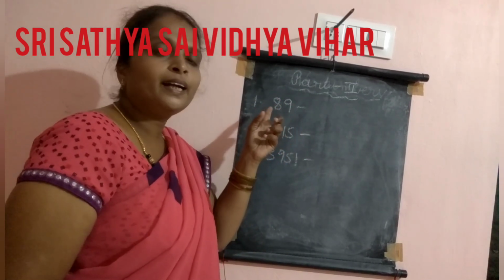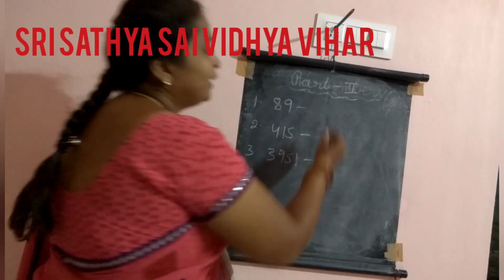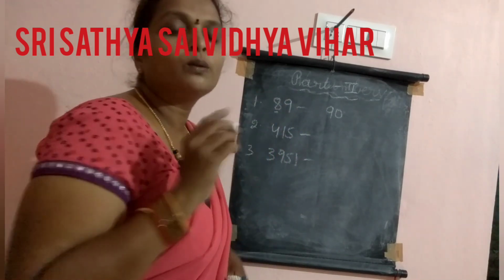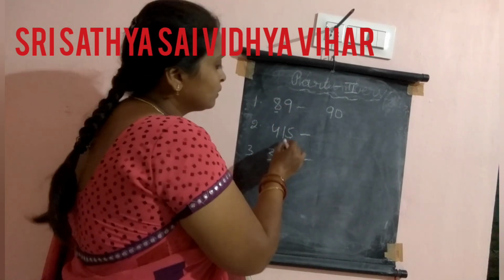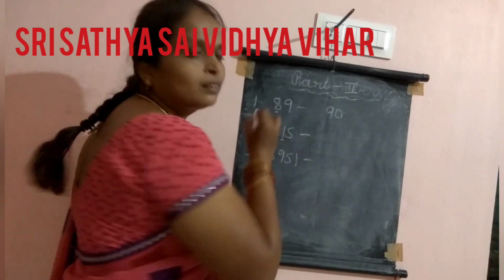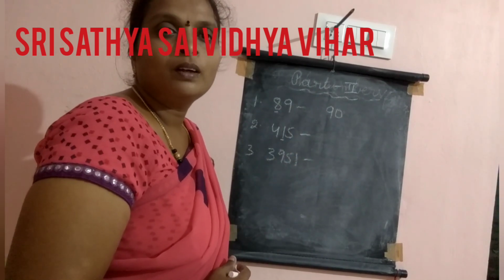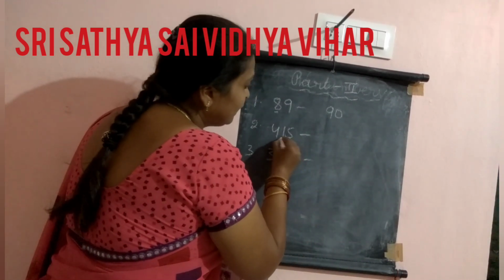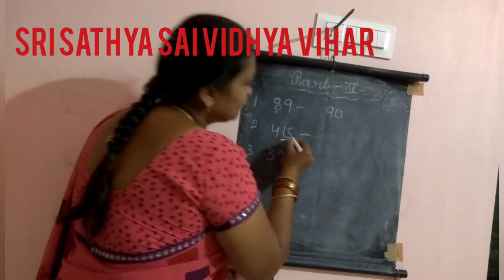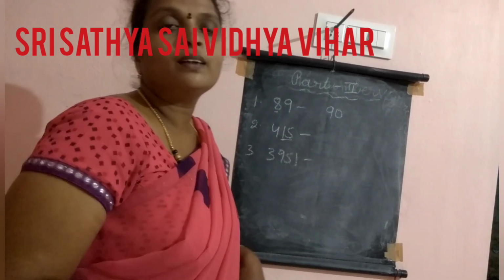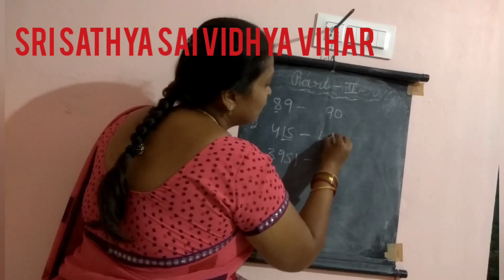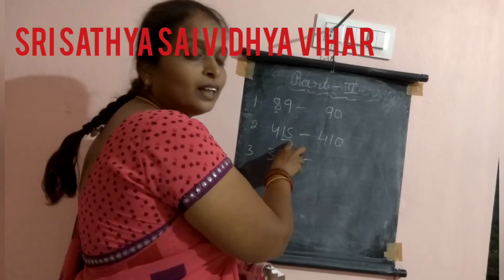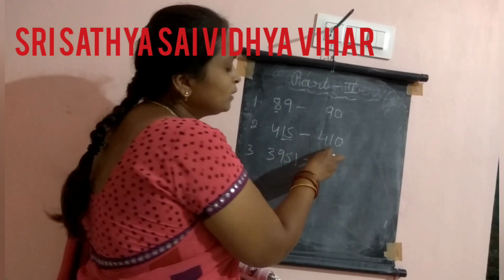Here 89. The nearest tens is 90, because the ones place is greater than 5. Next, 415: the ones place is 5, less than or equal to 5, so it is 410.